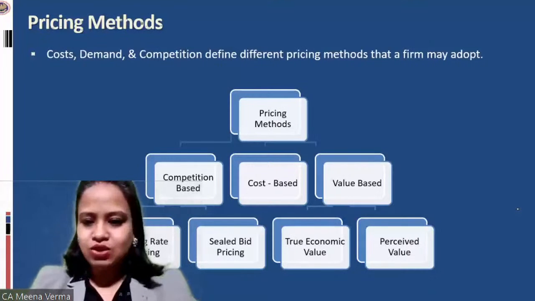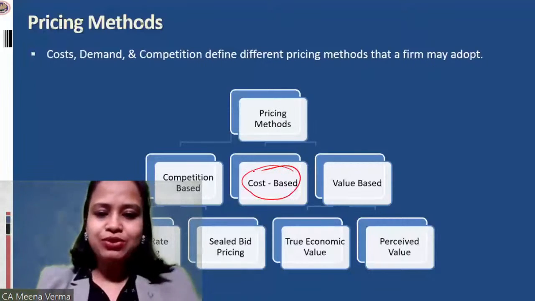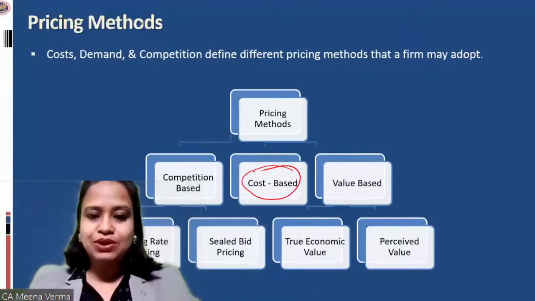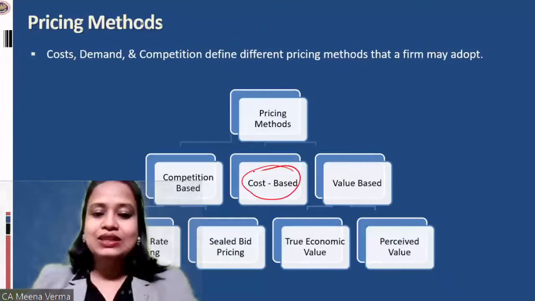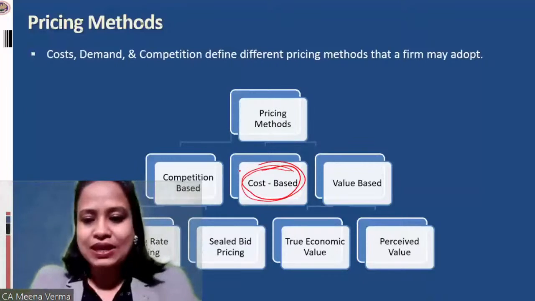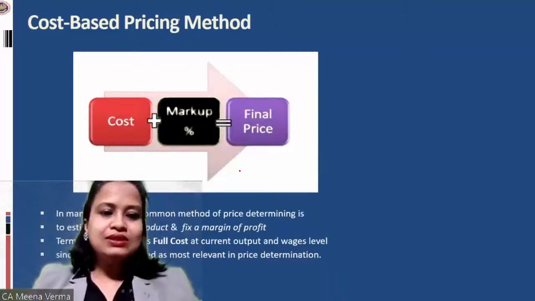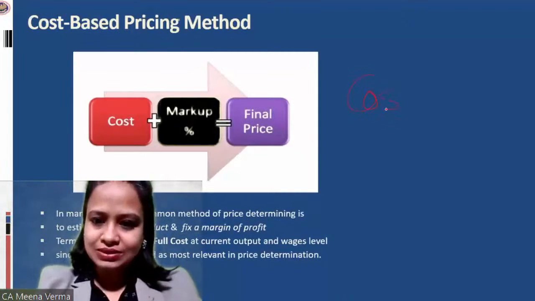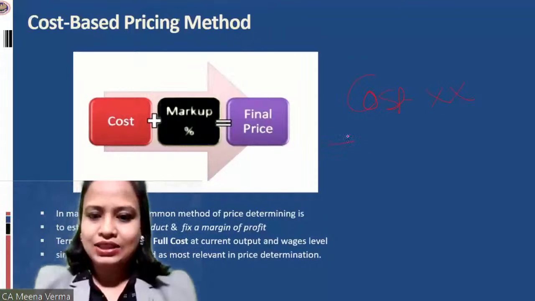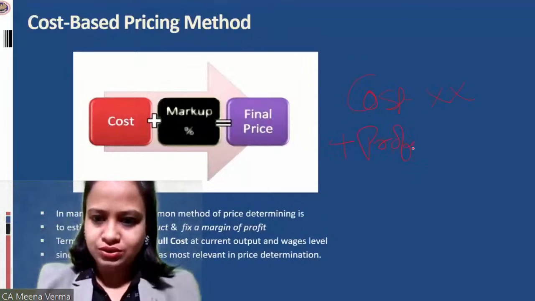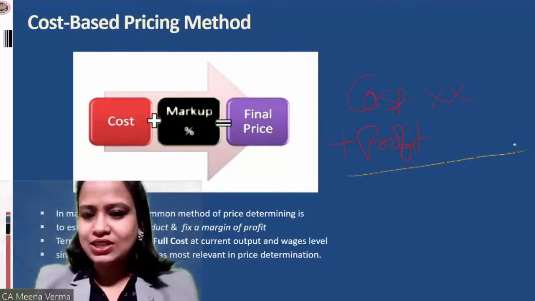So let us consider all those methods. Out of all these methods, the cost based method we have already discussed in the previous session. Cost based pricing method is nothing but considering the cost the organization has for the product or services and the profit the organization wants to earn.